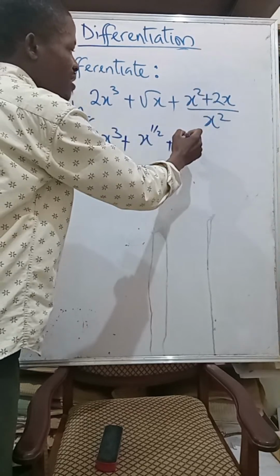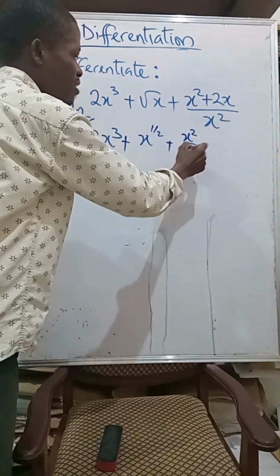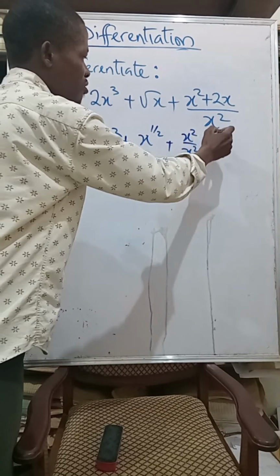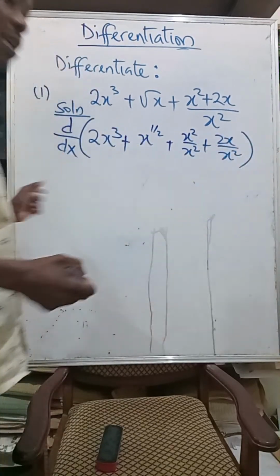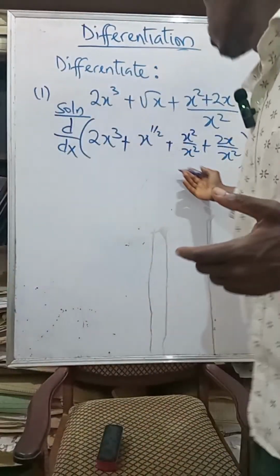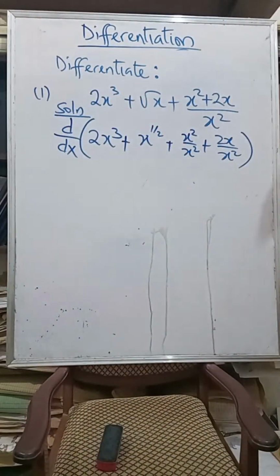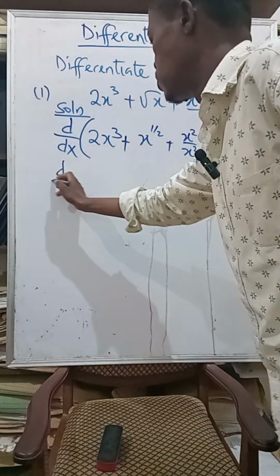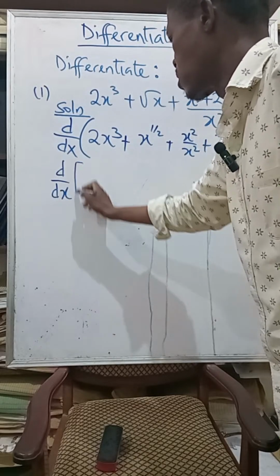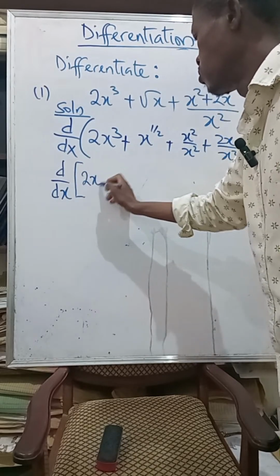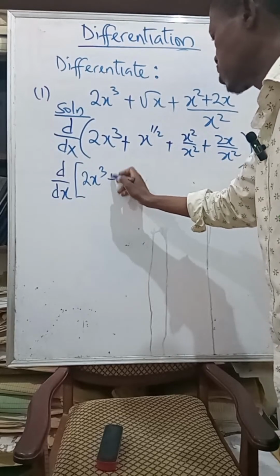This implies x squared over x squared plus 2x over x squared. That's the first thing to do before you differentiate. You do the algebra. So then we can continue: d/dx of the expression 2x cubed plus x to the power half.